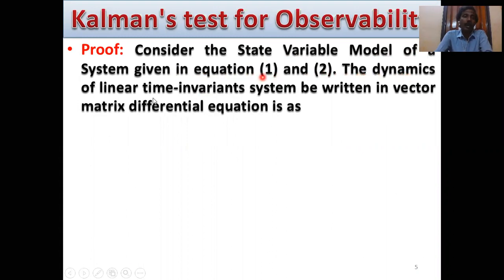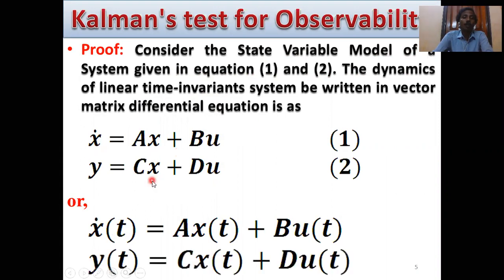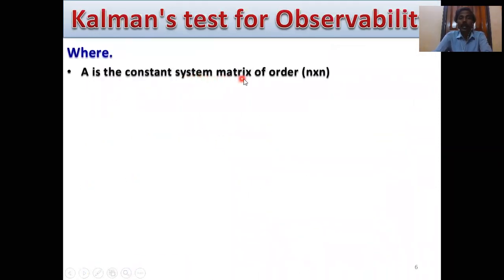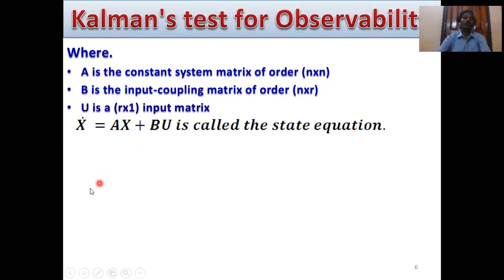The dynamics of a linear time invariant system can be written in the vector matrix differential equation as x dot equals A x plus B u and y equals C x plus D u, where A is a constant system matrix of order n cross n, B is the input coupling matrix of order n cross r, and U is an r cross 1 input vector.